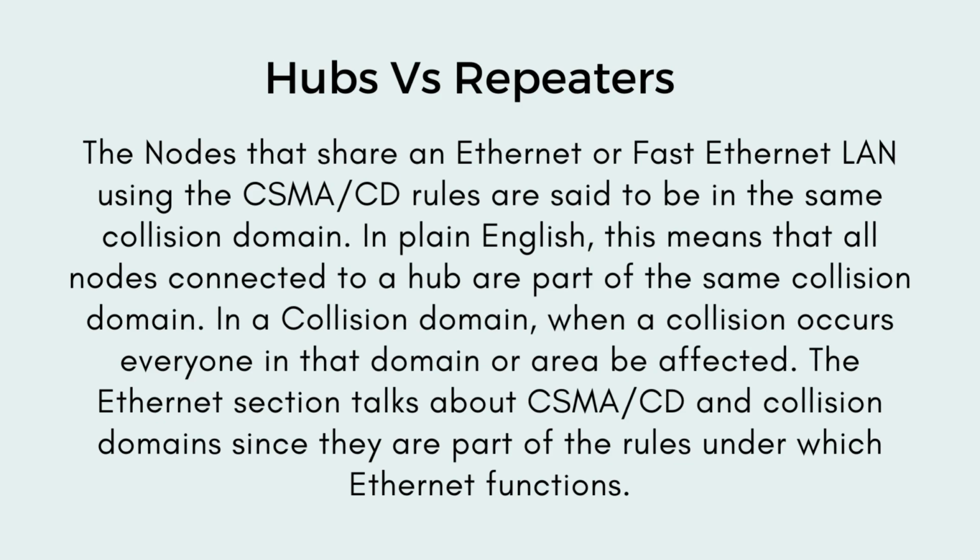In a collision domain, when a collision occurs, everyone in that domain is affected. The Ethernet section talks about CSMA/CD and collision domains since they are part of the rules under which Ethernet functions.